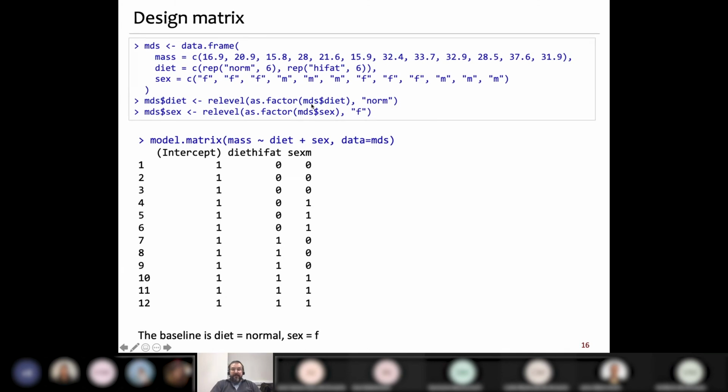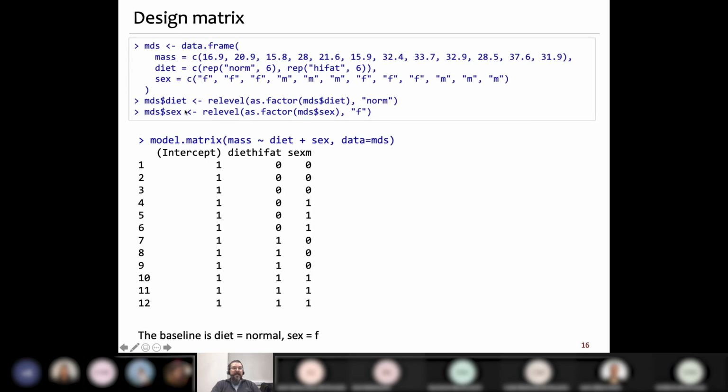Let's generate some data. We create a data frame in R. We call it MDS, and it contains mass, diet, and sex. The important thing, we have to again specify the order of levels in each categorical variable, because the first level would also be considered as the baseline or a reference.